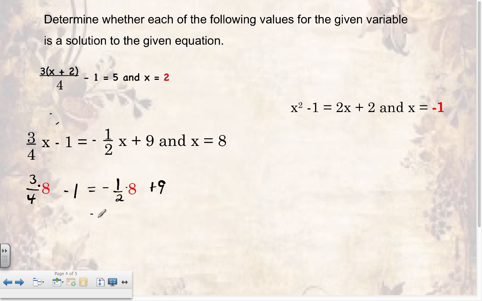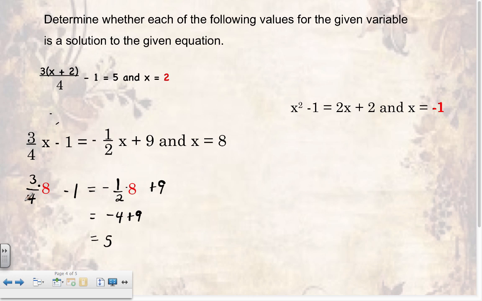Plus 9. All right, so we're multiplying here. So let's see if I can get one side to equal the other side. Half of 8 is 4, and it's going to be -4. I owe $4, and I have 9, which means 5. Let's see if this other side is 5. 3/4 of 8. Well, 1/4 of 8 is 2.